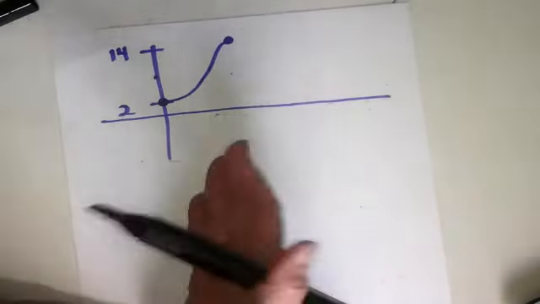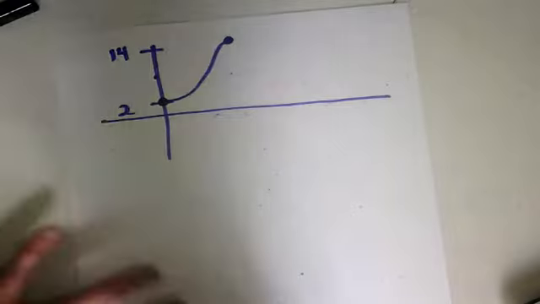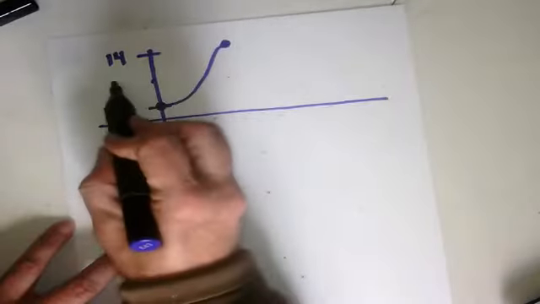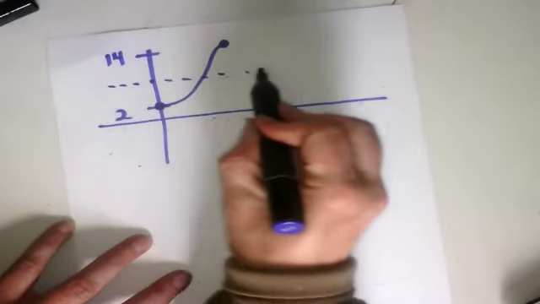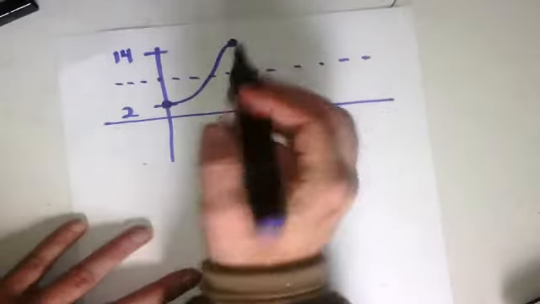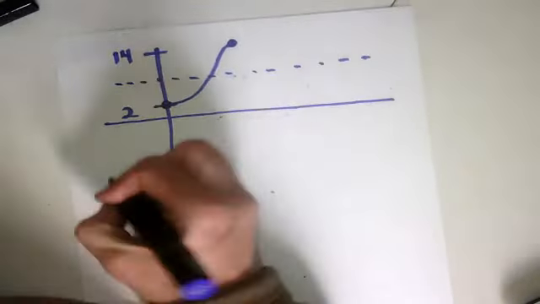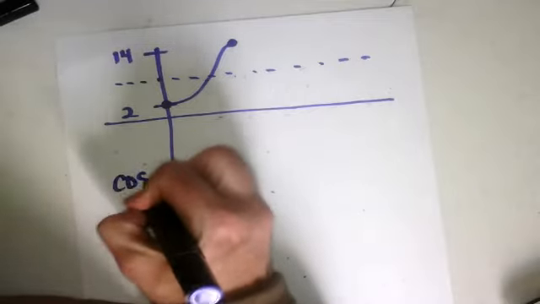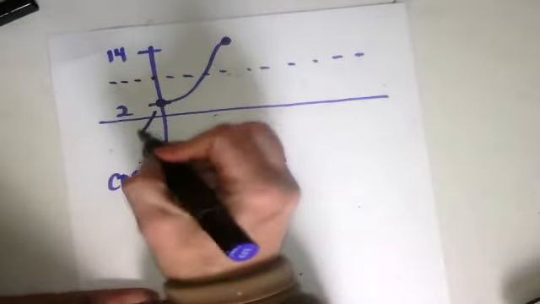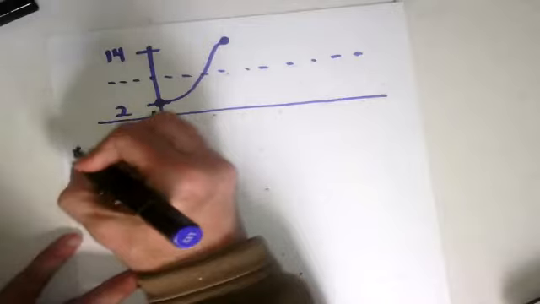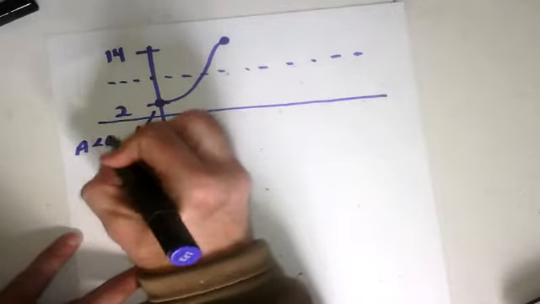As soon as you see this, you should be saying to yourself, oh, hey, self, max, min, midline's falling right here. I'm not starting on the midline. That tells me it's a cosine. And because I started at the minimum, that means A has to be a negative, so less than 0.